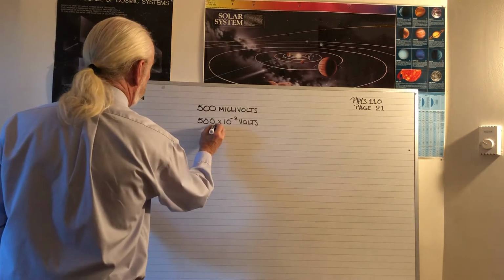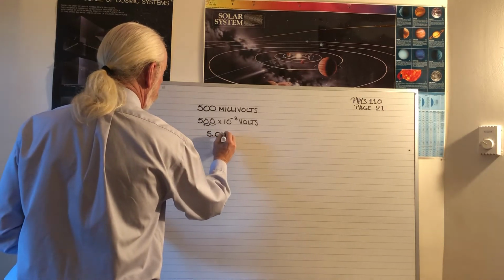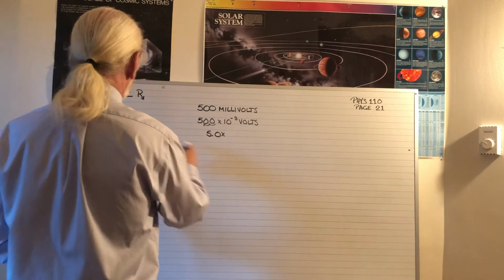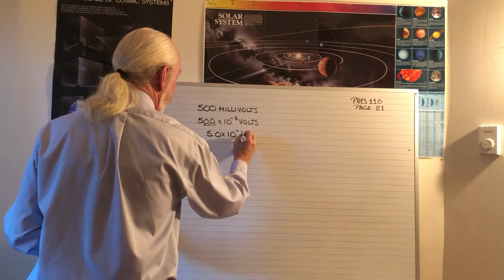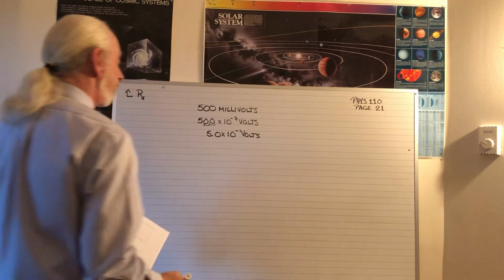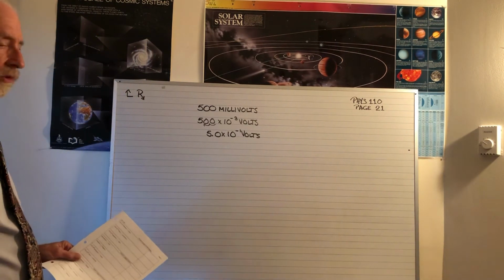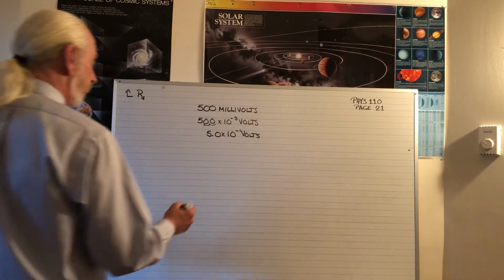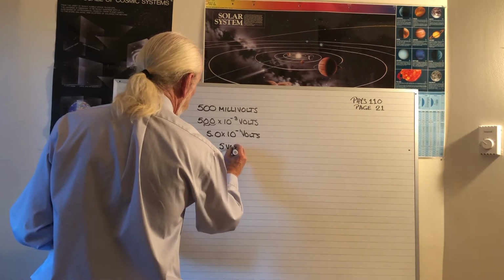Then I'm going to bump this over 2 places to make it 5.0 times, I went to the left, so that means my exponent goes up, 10 to the negative 1 volts. And I want standard notation, which is 10 to the 0. So from a negative 1 to a 0, my exponent is still going up. Decimal goes left. That becomes 0.5 volts.